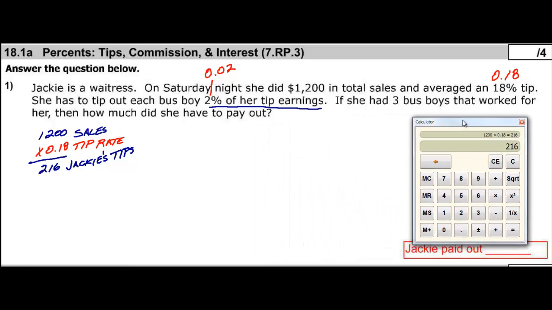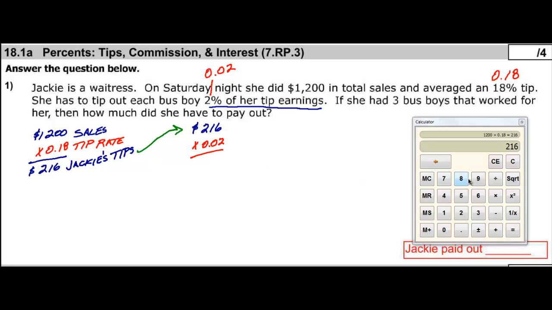So we're going to take that information now. We're going to take Jackie's tips and bring it up here. I'm going to throw in a couple dollar signs just to remind ourselves that we're talking about money here. So we're going to take the $216 that Jackie earned, and she pays 3 busboys, and she gives them each 2% of her tips.